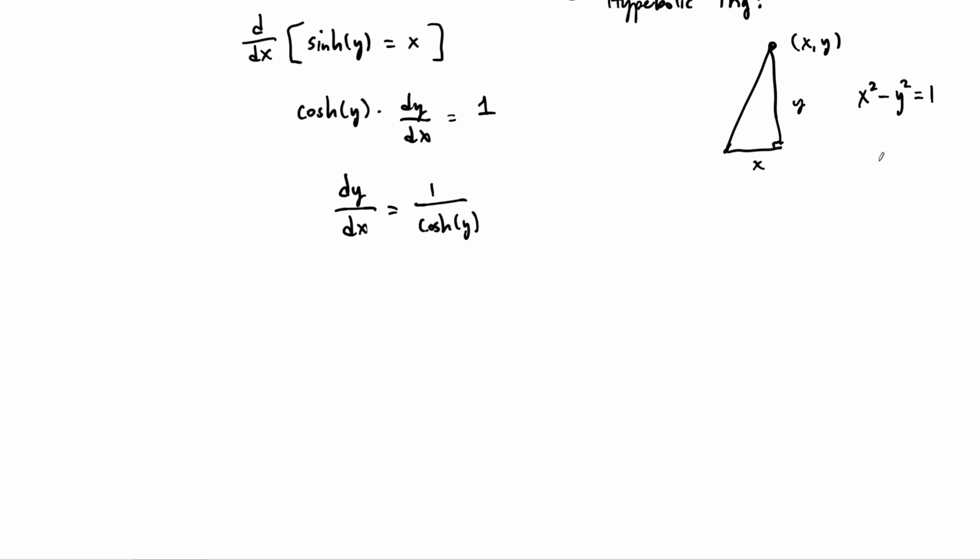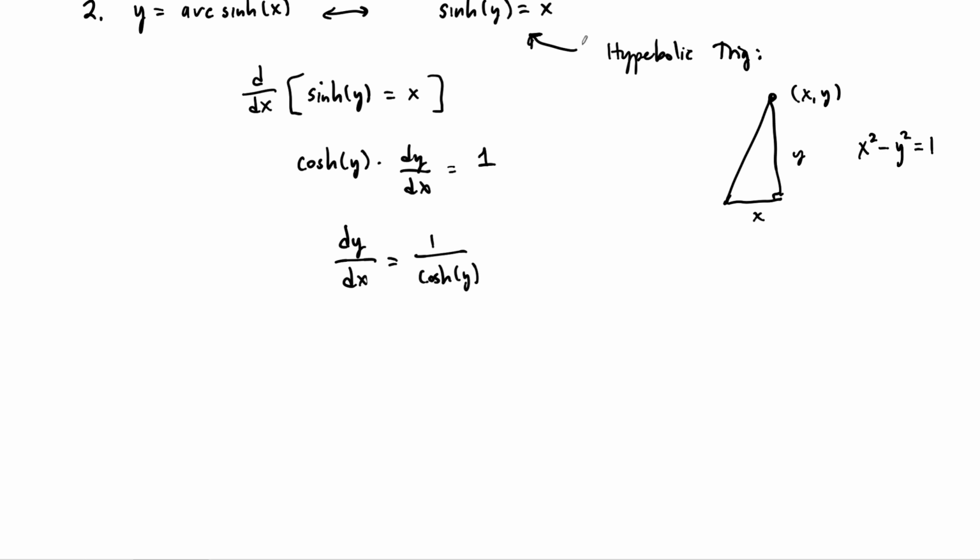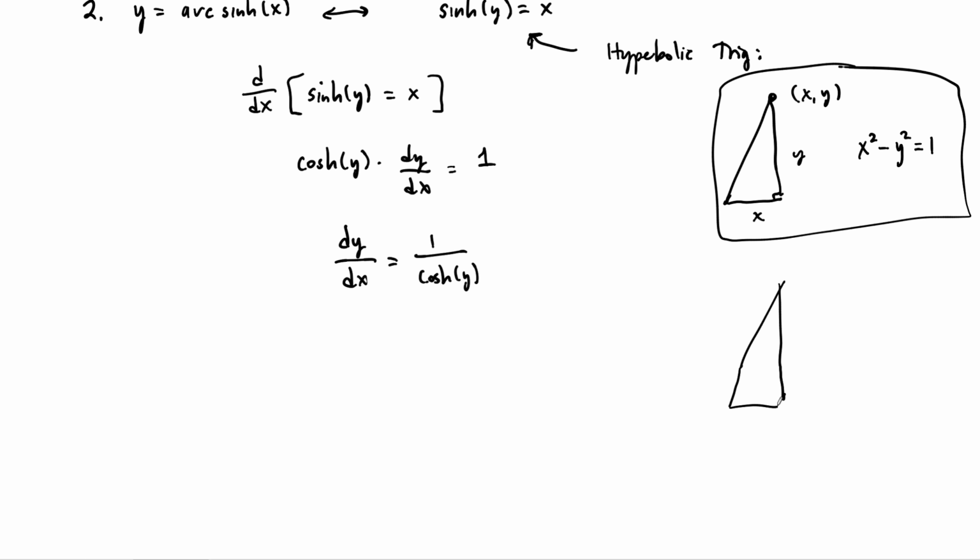So let's draw the hyperbolic triangle that corresponds to sinh of y equals x. This is just a reminder of the hyperbolic definition of hyperbolic sine. Just like in a regular triangle, this y is the angle, right? The sinh of an angle is equal to the opposite over the hypotenuse in some sense, right? So this is our x, and our hypotenuse is 1.